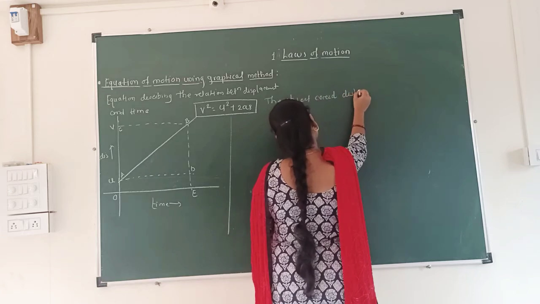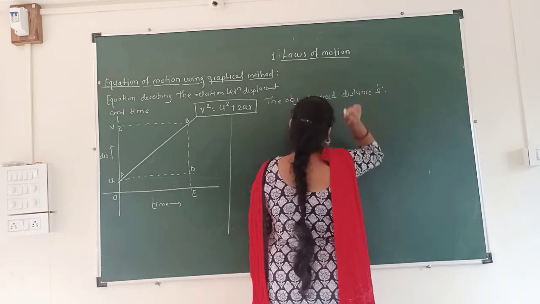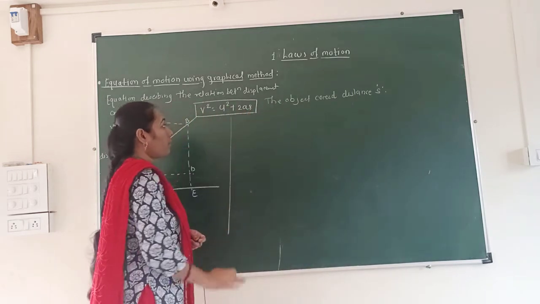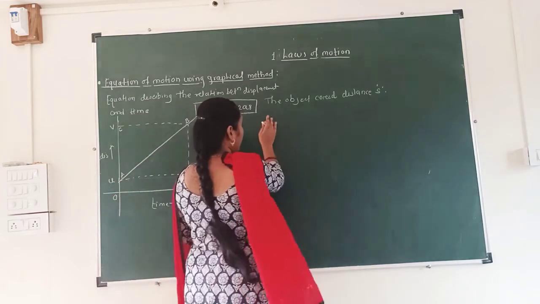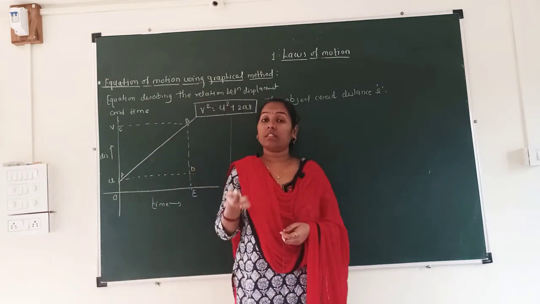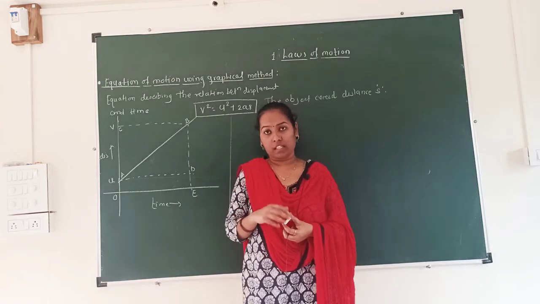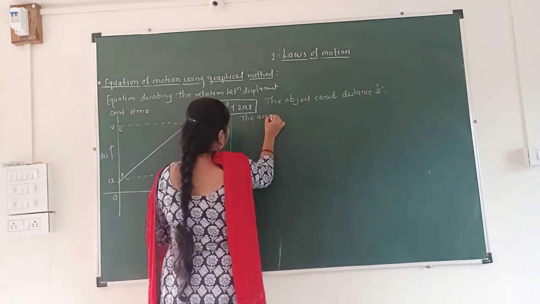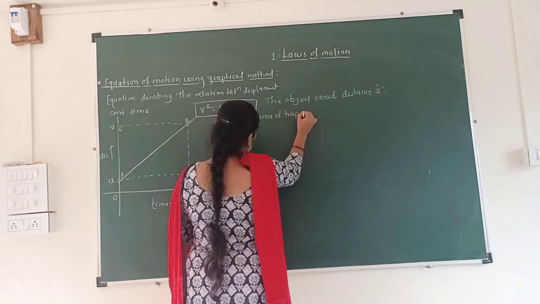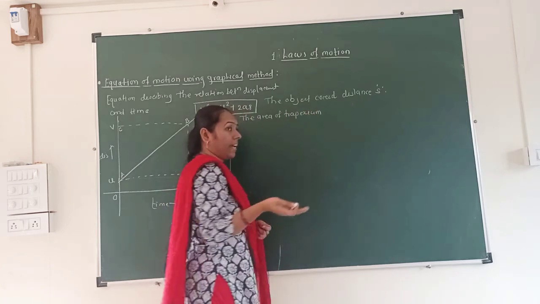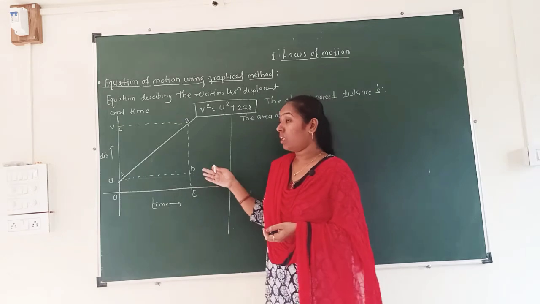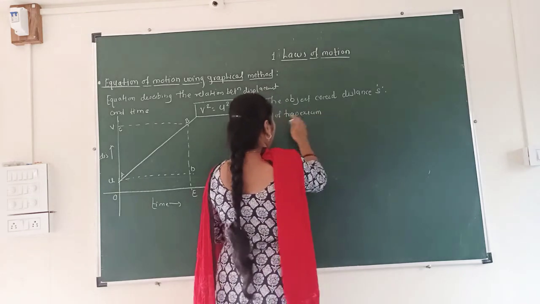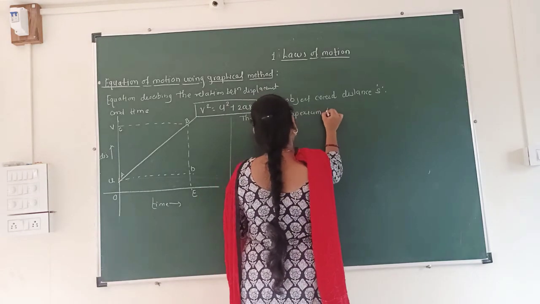The distance covered by the object is S. Therefore S is the distance. If we want to calculate the distance, we consider the area of a section. In this equation we consider the same rectangle as a trapezium, the trapezium ABDO.